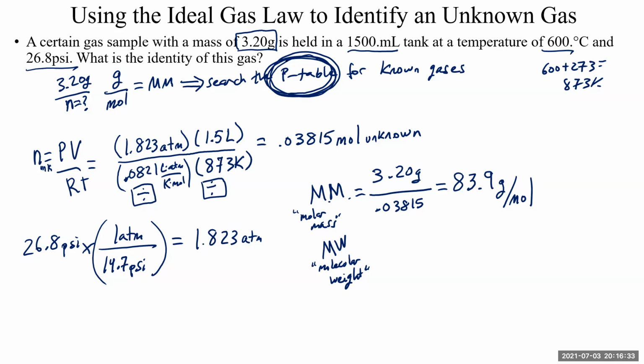Spoiler warning: if you want to figure it out for yourself, pause the video right now. Go look at the periodic table and try to find a value that closely matches. Remember, it's never exact, but look for a molar mass or atomic mass that's very close to this value.